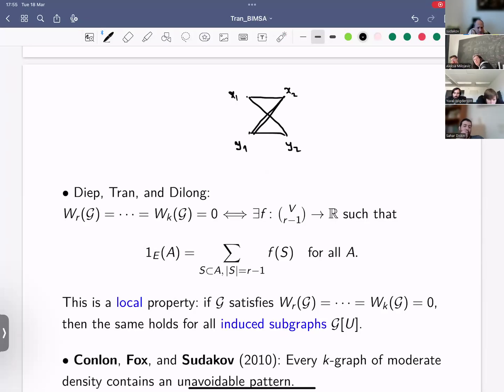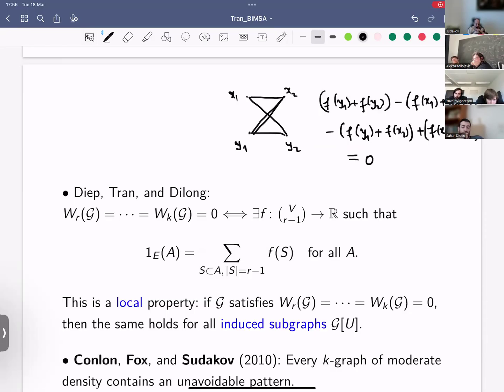And here, if we have f of y1 plus y2, then we minus f of h1 plus f of y2, minus f of y1 plus f of h2, and we plus f of h1 plus f of h2. Then this becomes 0.